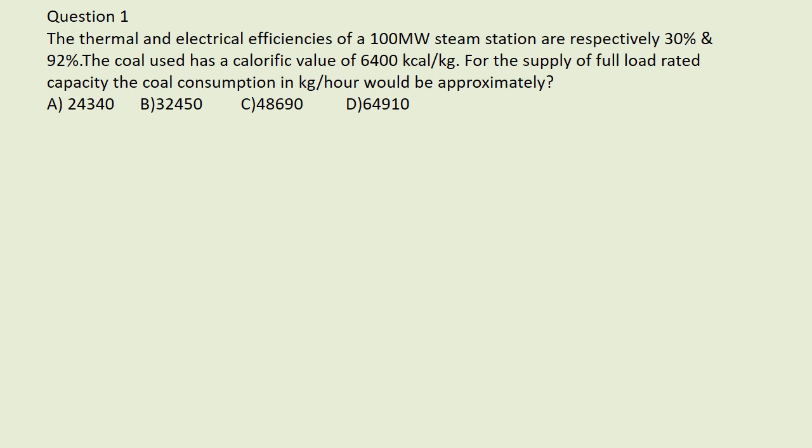It says that the thermal and electrical efficiency of a 100 megawatt steam station are 30% and 92%. So 30% is thermal and 92% is electrical. The next sentence says the coal used has a calorific value of 6400 kilocalorie per kg.